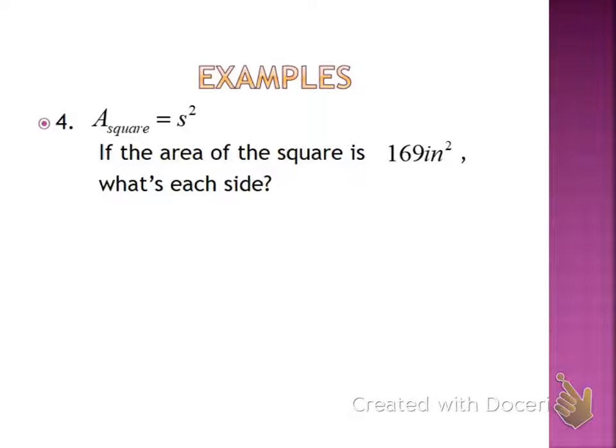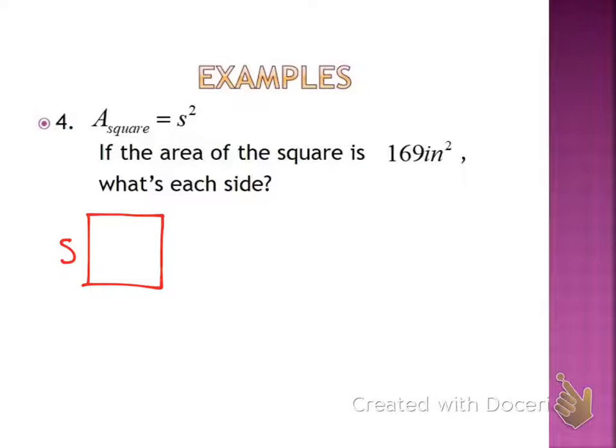The area of a square is given by the formula s squared, or a side squared. If the area of a square is 169 inches squared, what's each side? Or what is the length of each side? If it helps you to visualize this with a diagram, you can draw one. Okay, for the area of a square, we take the side length squared.